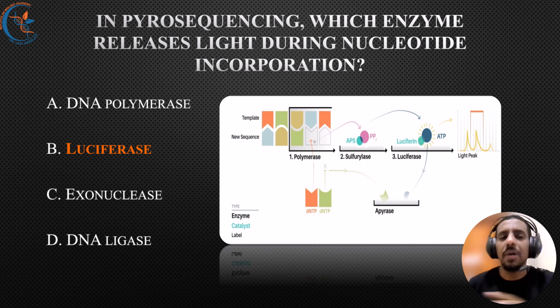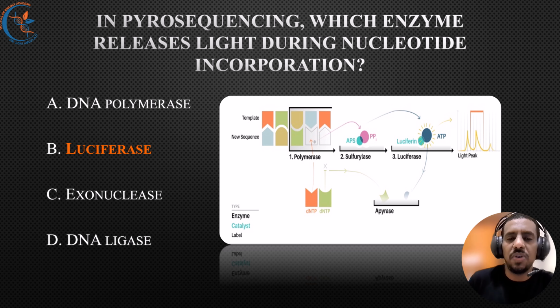In pyrosequencing, when a nucleotide is added to a DNA strand, as we see in the image, it triggers a reaction that produces ATP. This ATP then interacts with the enzyme luciferase, generating a pulse of light. The light serves as the signal confirming the successful incorporation of the nucleotide, which helps scientists determine the DNA sequence.